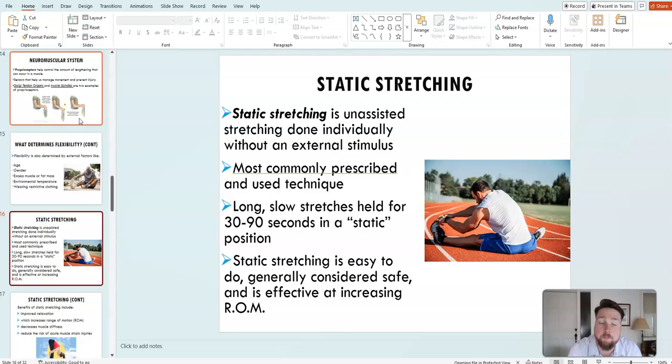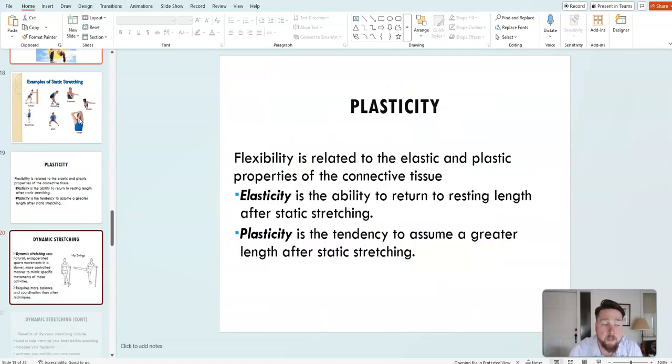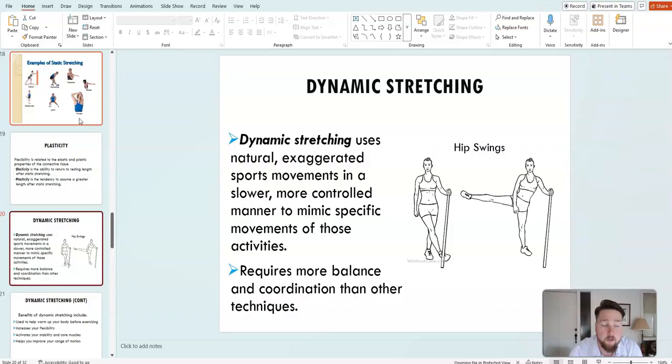But the static stretching, you're holding that position. You're holding it, you're not moving at all. Okay, this is the most common type of stretching. And static stretching, in case you're wondering, improves your static flexibility. And dynamic, you got dynamic stretching, which is with movement. So like bodyweight squats, hip swings, leg swings, jumping jacks. Those are considered types of dynamic stretching that you want to perform before the workout, during the warm up.